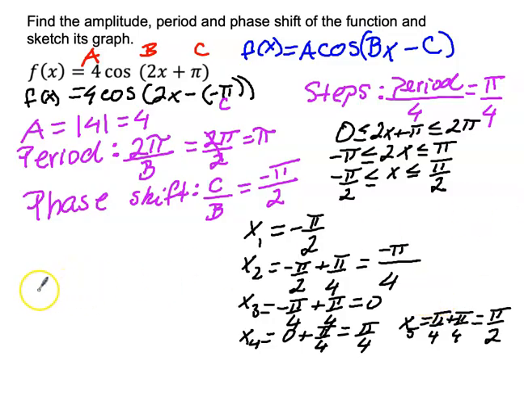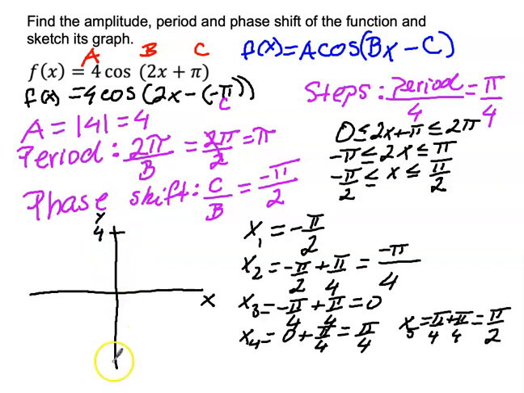So let's try again. This is my x-axis, y-axis. Sorry, it's not the best line. So on the y-axis, here is the number 4, and the lowest number is negative 4.